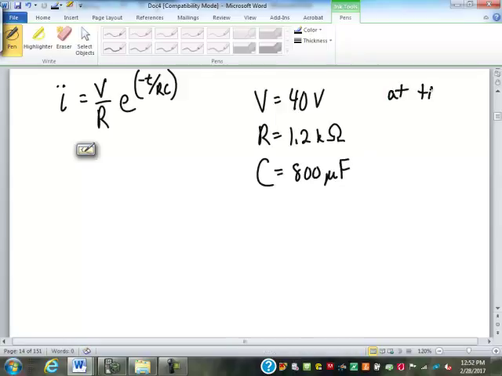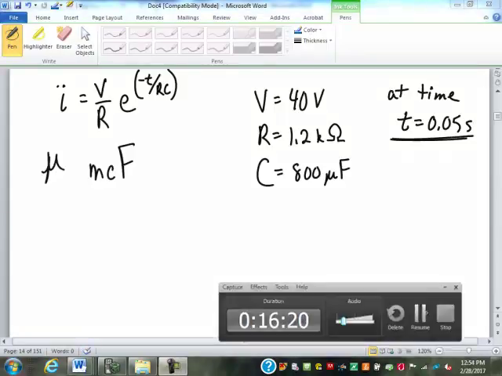Find the current at time t equals 0.05 seconds. I give you the t in seconds rather than milliseconds this time to make it a little easier on you. So give that one a shot.